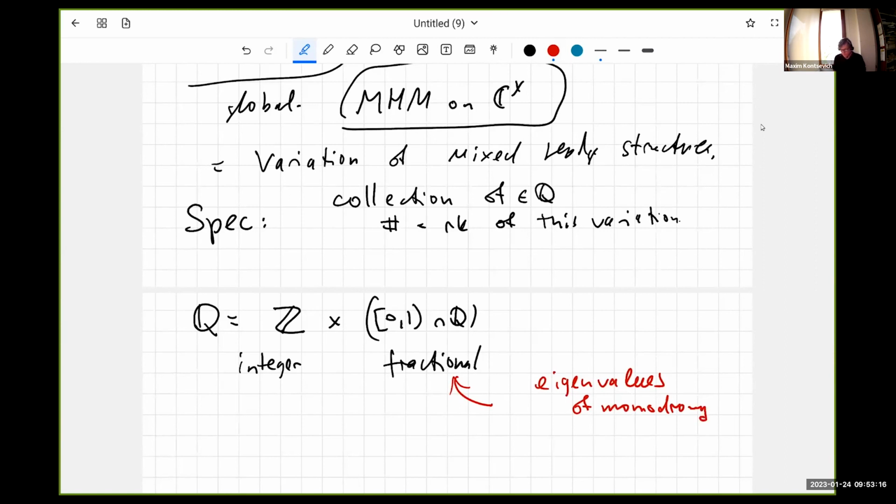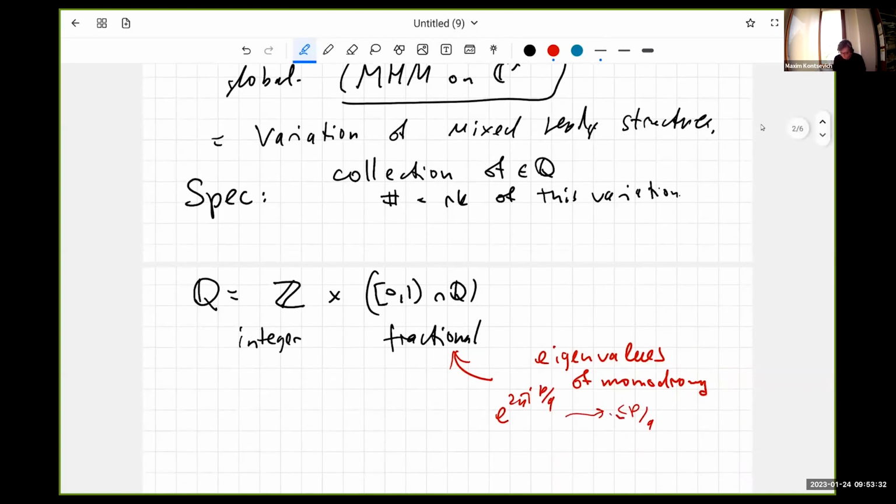If you get a variation of mixed Hodge structures, it's well known that monodromy is quasi-unipotent, and so it gets exponent of 2 pi i p over q goes to p over q. And then for an eigenvalue of monodromy, you can produce this rational number in the semi-closed interval from 0 to 1. And the integer part from the grading, a kind of term in the Hodge filtration. And then we combine together, get these rational numbers.